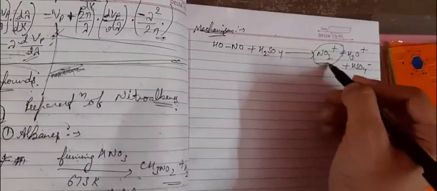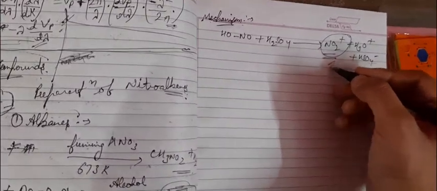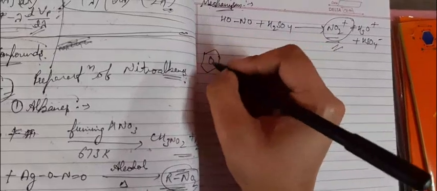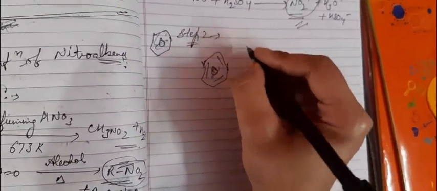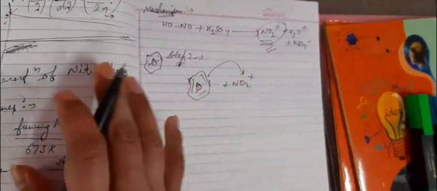Now this electrophile reacts with the benzene in step 2, which is the rate determining step. Which takes place as follows. Now the benzene ring attacks the electrophile in such a way that it forms a carbocation.